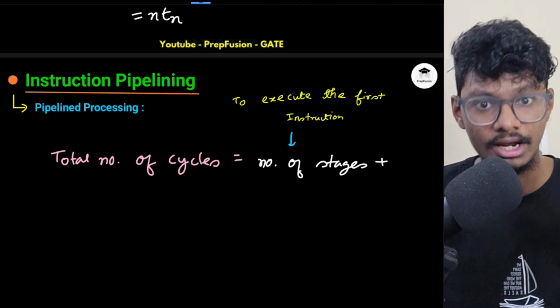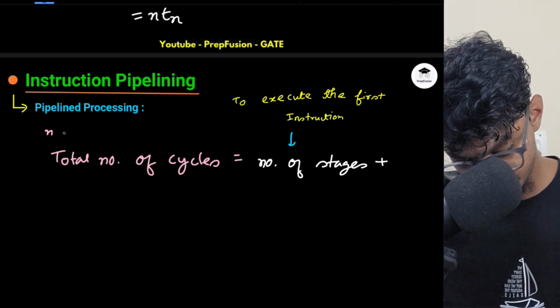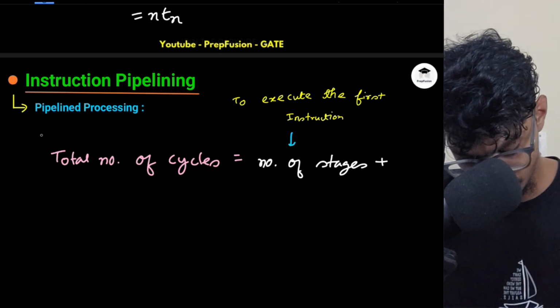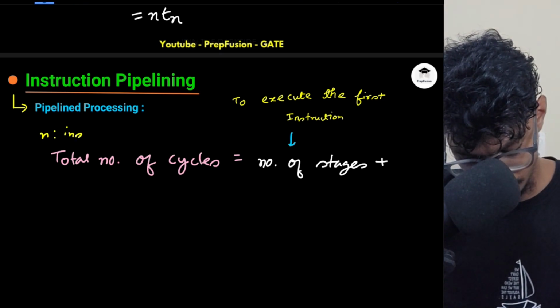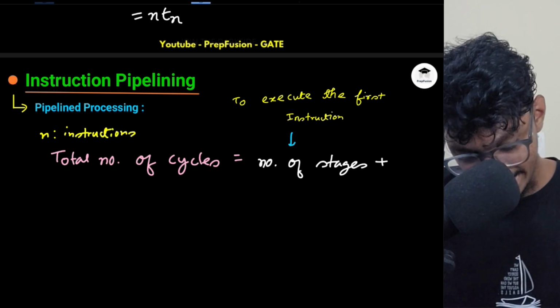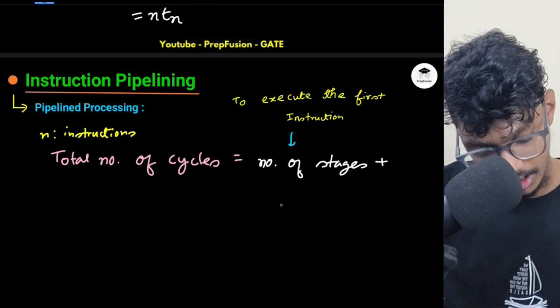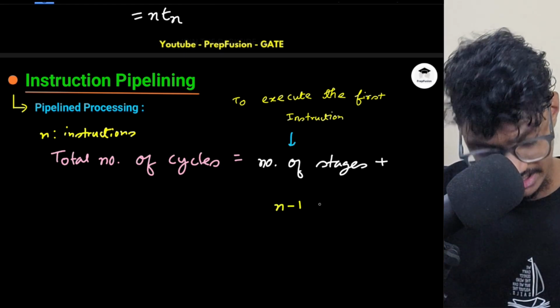So how many cycles will I require? Total I have n instructions. One has already been executed. How many are left? n minus 1. So it will require n minus 1 cycles.